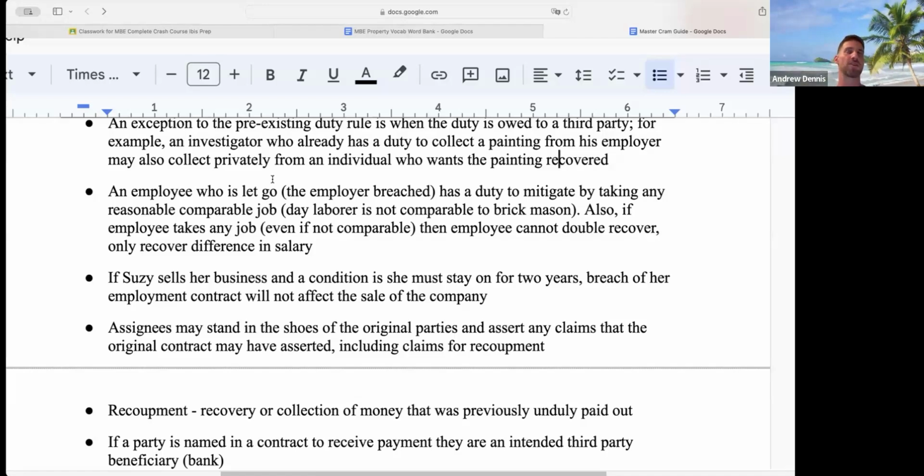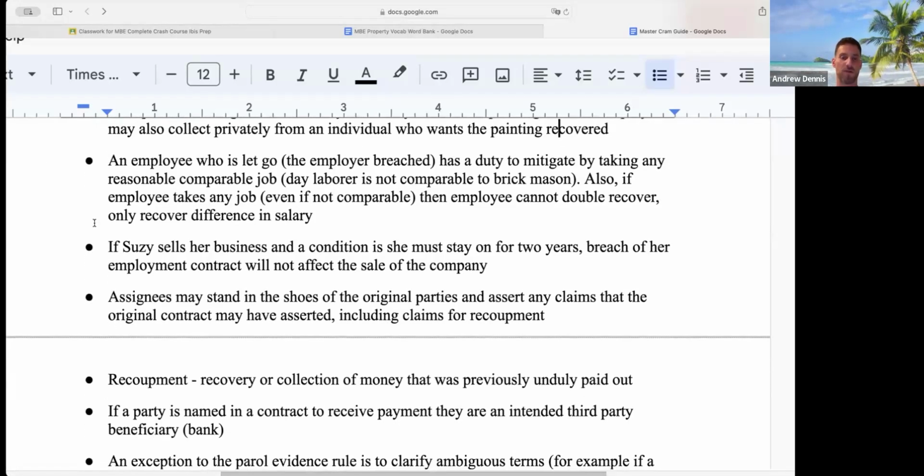She will have no damages, because even though she didn't have to take the job as a secretary, she took it and was getting paid $50,000. Now, if she chose not to take the job as a secretary, then her damages would be $50,000. And if there was a comparable job as a teacher for $40,000, she could either take it or not take it, but the damages available would only be $10,000, the difference.